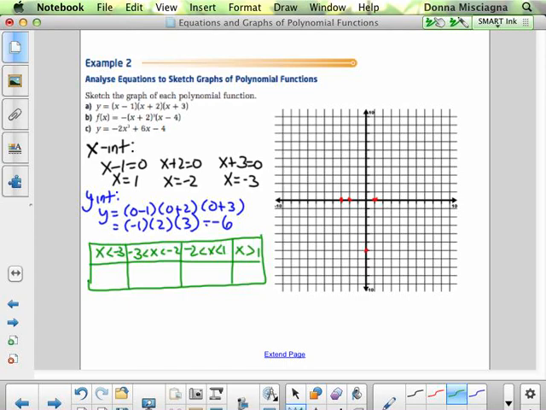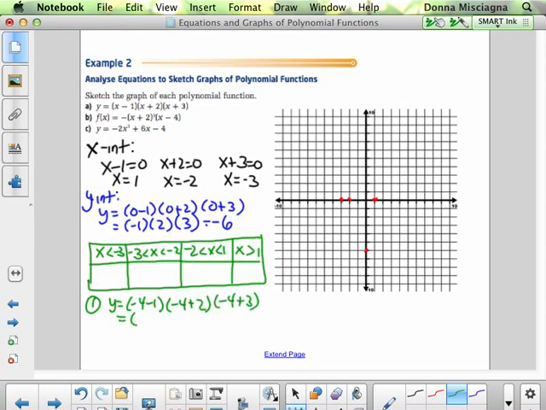How we find out the sign and approximate extrema is we're going to plug in values on all those intervals. For x less than negative 3, plug in anything less than negative 3. You may as well plug in the smallest thing, which would be negative 4. So y equals (negative 4 minus 1)(negative 4 plus 2)(negative 4 plus 3).